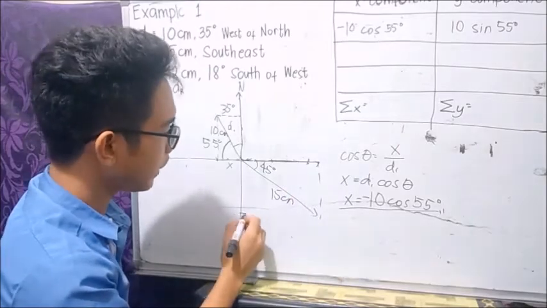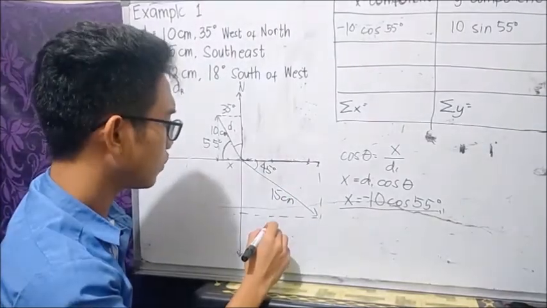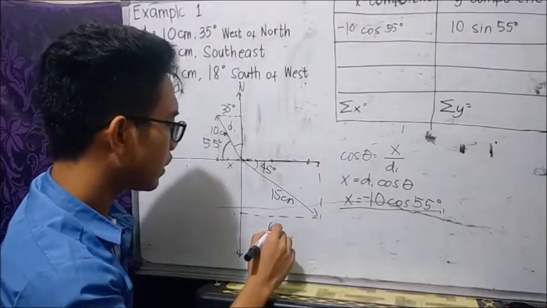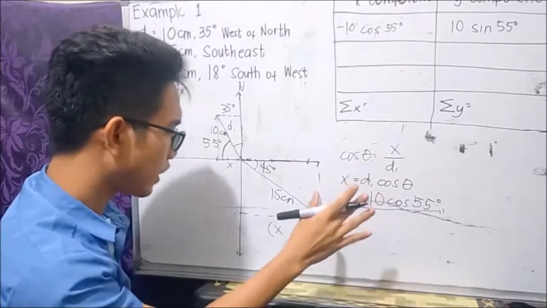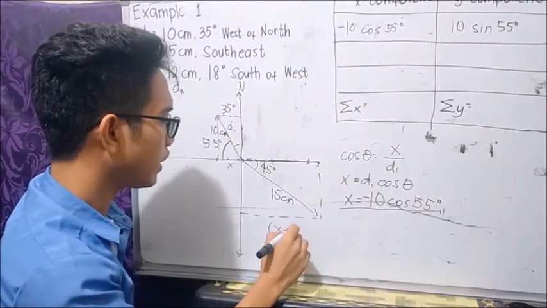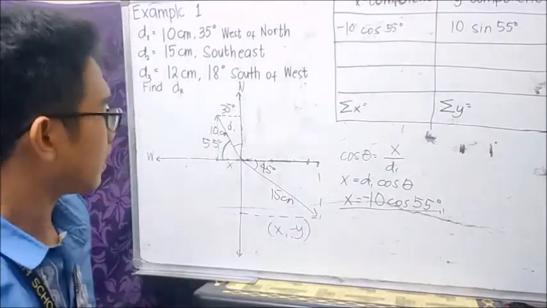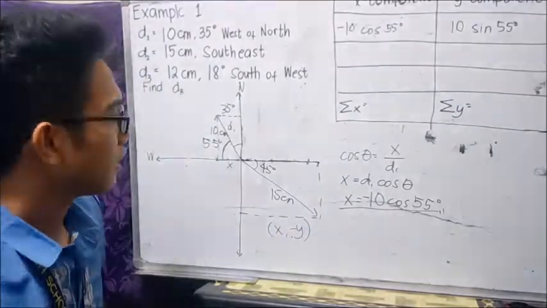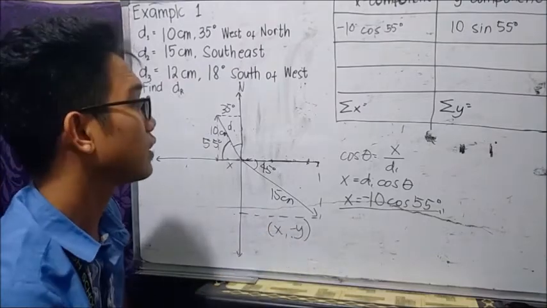On the fourth quadrant, the coordinates are a positive x, since this is on the right side, and a negative y, since it is on the lower side of the y-axis. So the x component is positive and the y component is negative.